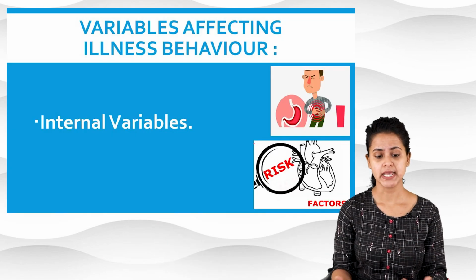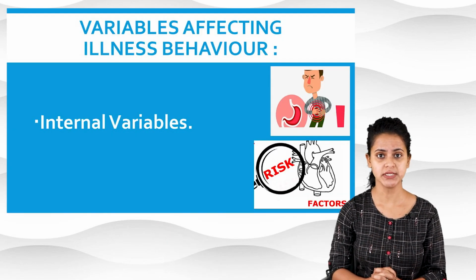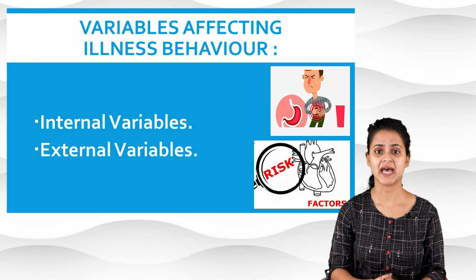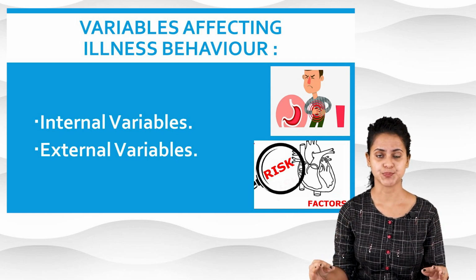Now here we are just going to read about the basic variables or factors that decide how an individual is going to react towards the illness process. So as I have told, these variables or factors are classified under two broad classifications. The first one is known as the internal variables. The next one is known as the external variables.